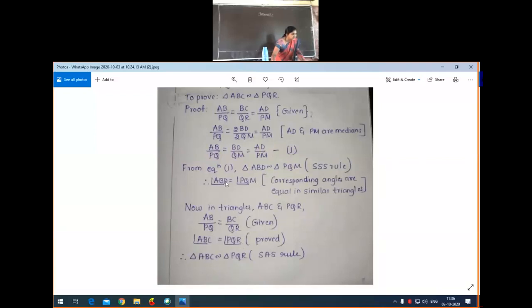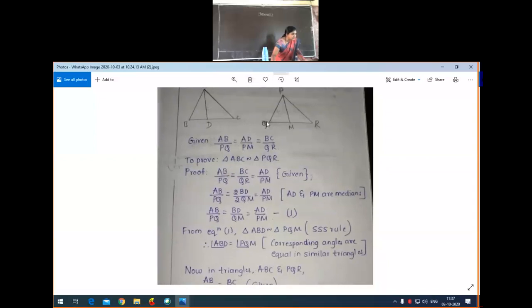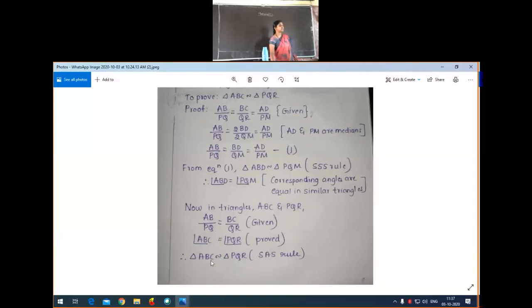This is what we got. ABD or ABC is the same angle, so the angle B here and angle Q, angle B is equal to angle Q. These are two sides and the included angle. Let us see the diagram. AB divided by PQ is equal to BC divided by QR, and the included angle B is equal to Q. Yes, according to the SAS condition, we can easily say that triangle ABC is similar to triangle PQR.